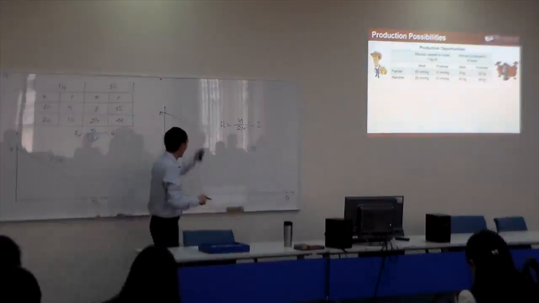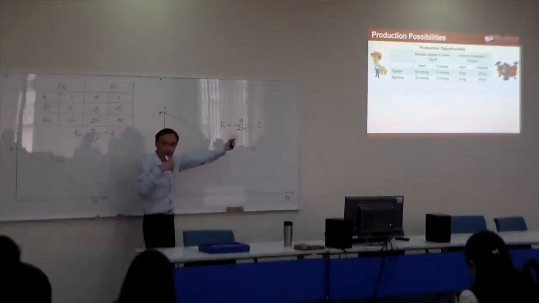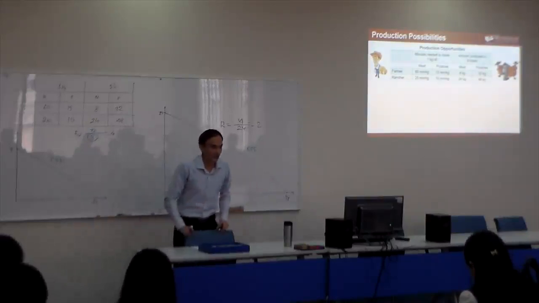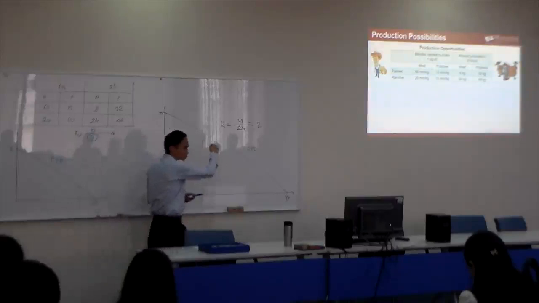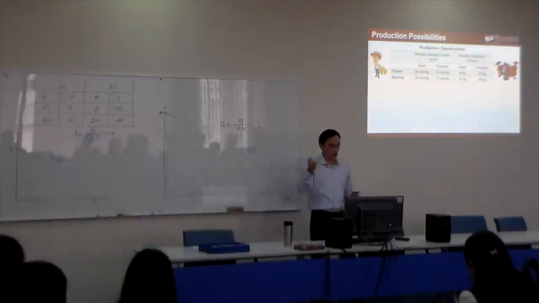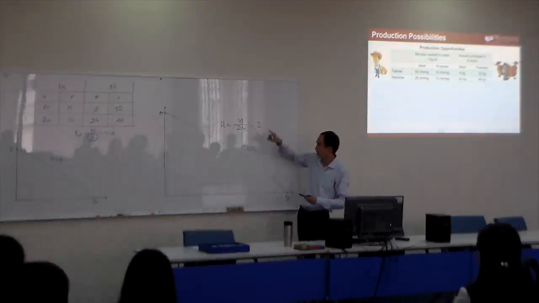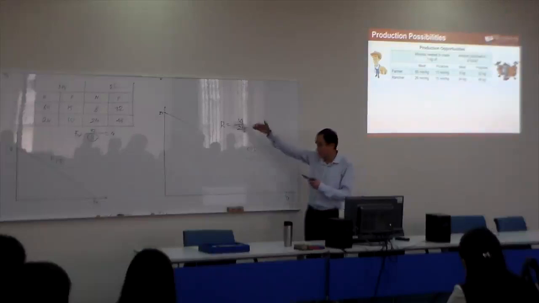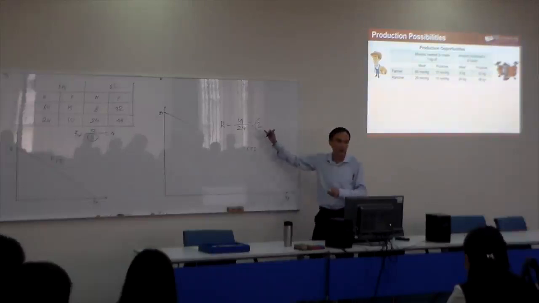Rancher. Now if rancher produces meat, he is giving out less. So now, David Ricardo says, if one producer's opportunity cost is less than the other's, then that producer should spend more time on the production of that good. Because now rancher has comparative advantage. So it means that rancher should spend more time on the production of meat.